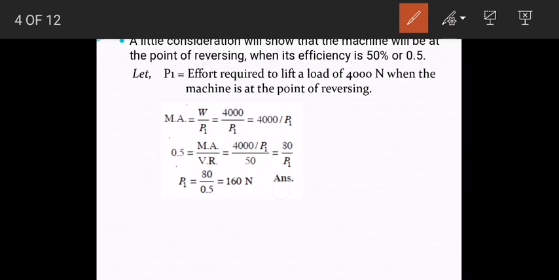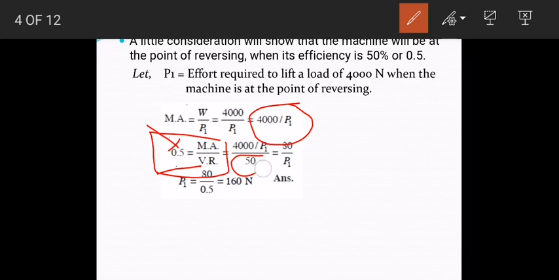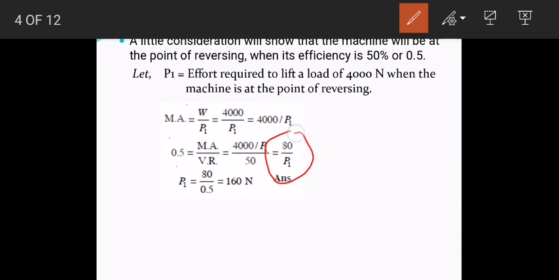Here efficiency is 0.5, MA is 4000 upon P1, and VR is 50. So 0.5 is equal to 4000 upon P1 upon 50. We got 80 upon P1. So what do we get for P1? P1 will be 160 Newton.